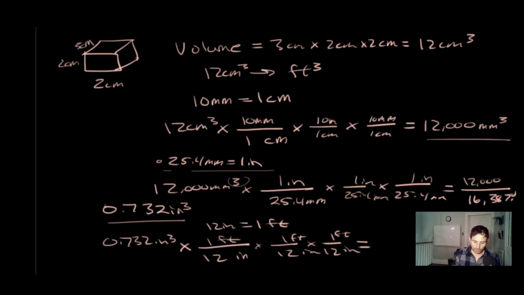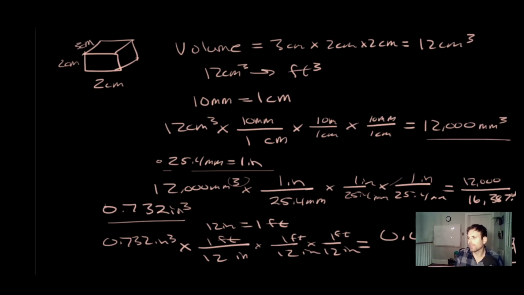Let's see, 12 times 12 times 12 is 1728. So 0.732 over 1728 is 0.0004236 feet cubed, or 4.2 times 10 to the negative 4 feet cubed.